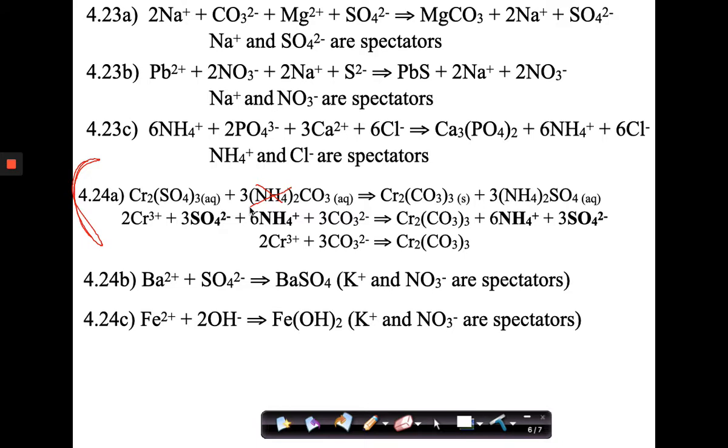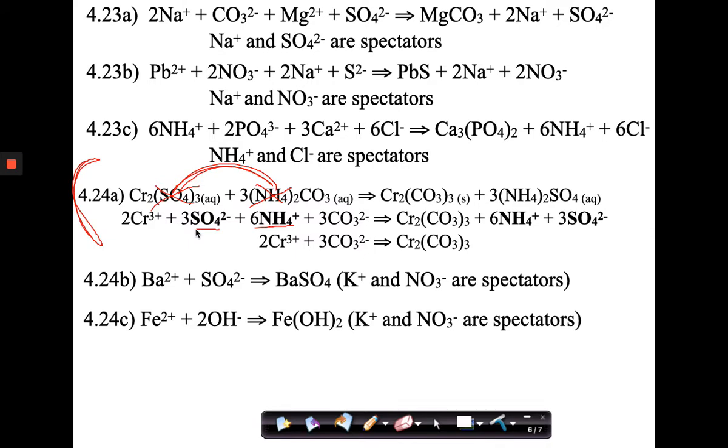But I also know that all precipitation reactions are double displacement. So I know the ammonium's going to hook up with the sulfate. But I know that's going to dissolve in water because of the ammonium. So now I can assume that sulfate is also going to be a spectator, and I don't even need to know the solubility rules for sulfate. Because I know ammonium already dissolves, I can then rule out the sulfate. These are, in fact, our spectators.